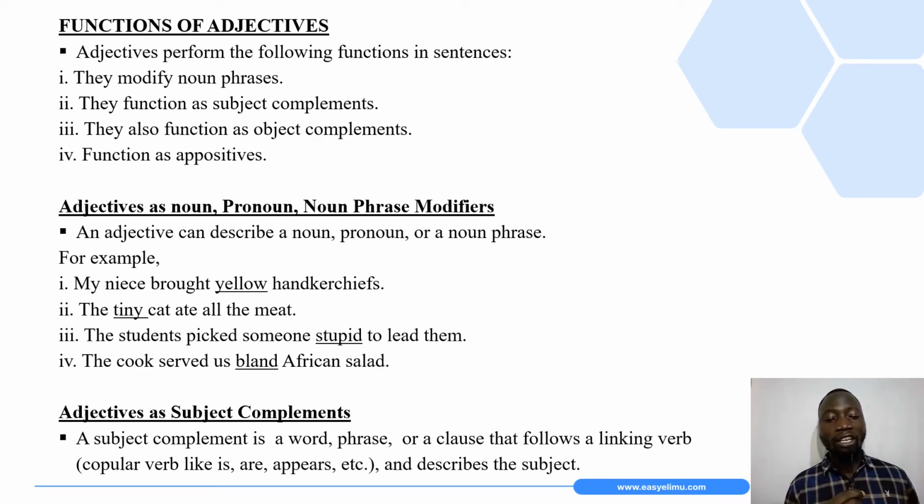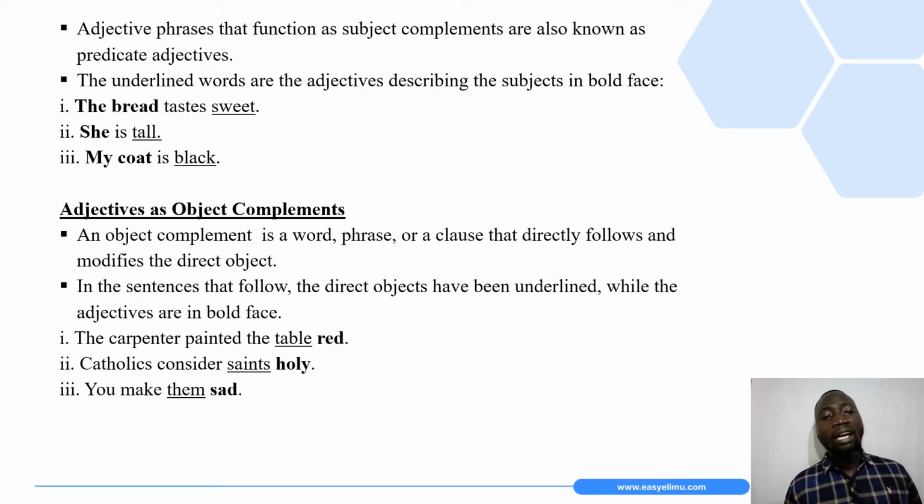Linking verbs are popular verbs like is, are, and so on, and it describes the subject. So I'm repeating, a subject complement is a word, phrase, or clause that follows a linking verb and describes the subject. Adjective phrases that function as subject complements are also known as predicate adjectives.